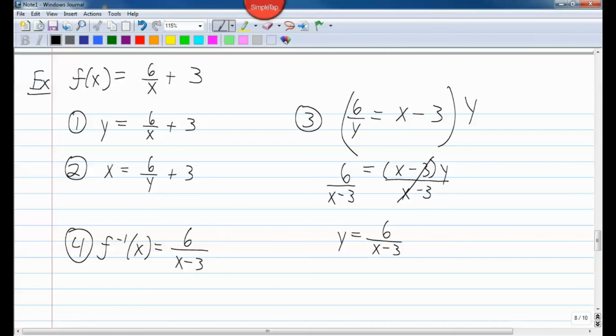Now there are a couple of different ways to get from where I interchanged x and y to y equals 6 over x minus 3. So whatever way you're comfortable with, solve for y that way, as long as you get that answer. All right.